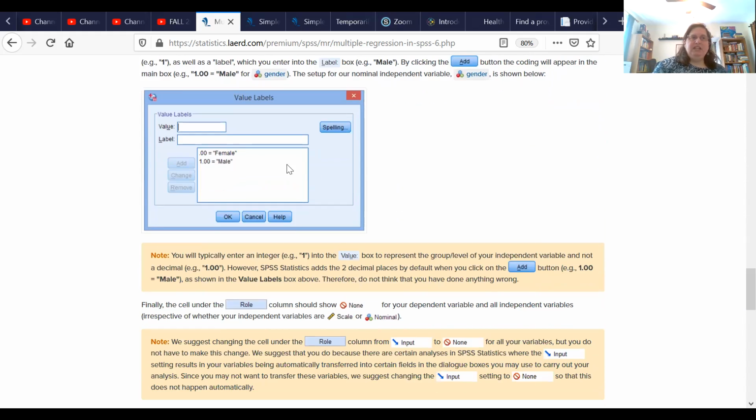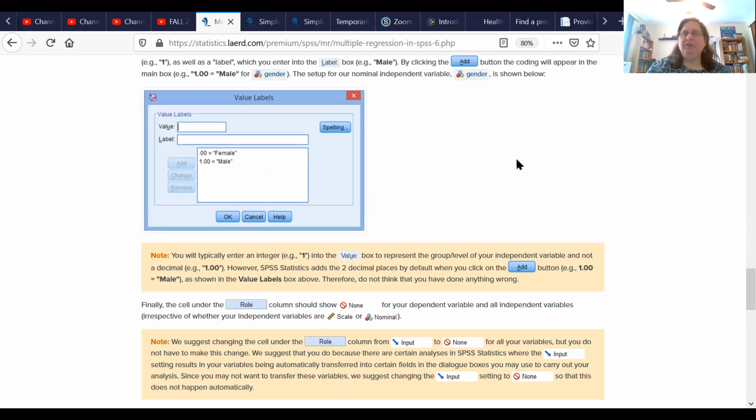One other important piece. Notice how we have entered female and male, or dichotomous variable, as 0 and 1. That's what you want to do. Use 0s and 1s whenever you have categorical variables. Okay, so you can make male 0 and female 1. You can do it the other way. It doesn't matter, but you've got to do 0, 1.